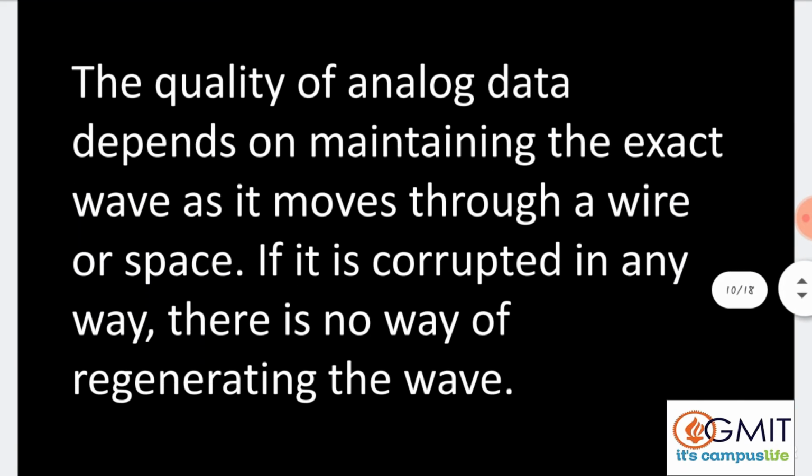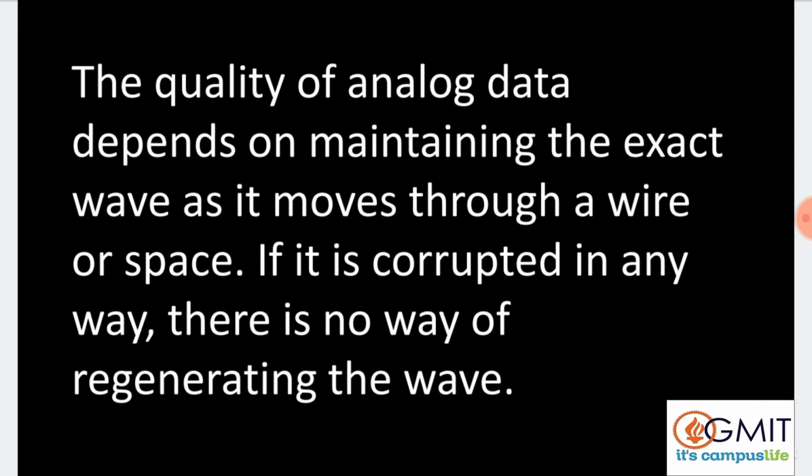The quality of analog data depends on maintaining the exact wave as it moves through a wire or space. If it is corrupted in any way, there is no way of regenerating the wave. As it is a continuous wave signal, you have to maintain the continuity if it is going through a wire or space.